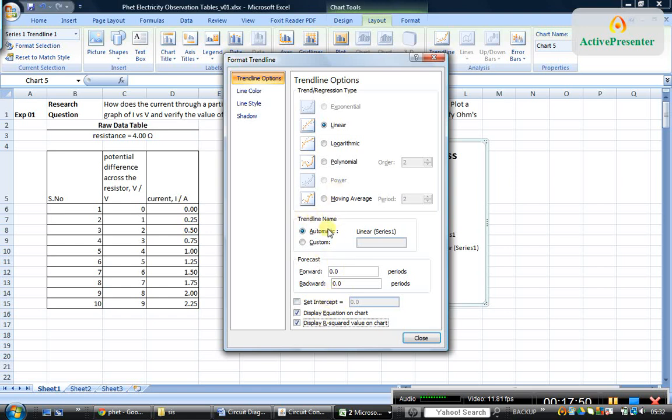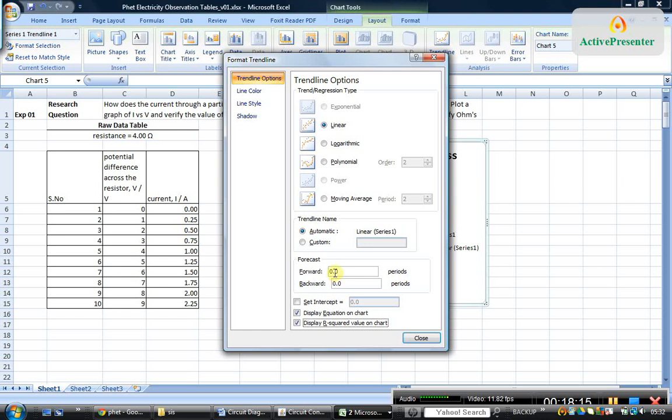So for your experiment, you need always the graph plotted by the software to be as good a fit as possible for your data. So the R squared value should always be more than 0.9. Okay. Now this backward and forward is used for extrapolating the graph to cover a bit more on the x-axis.